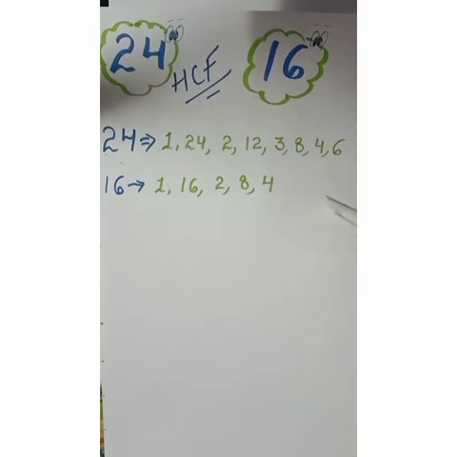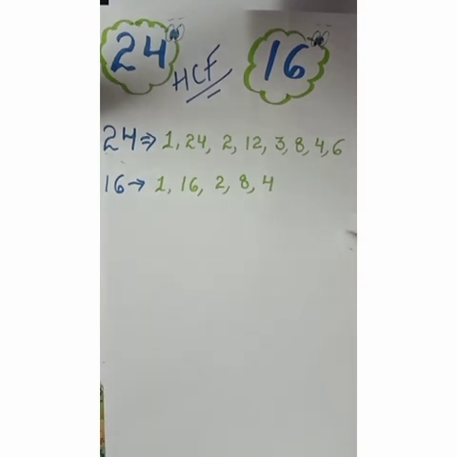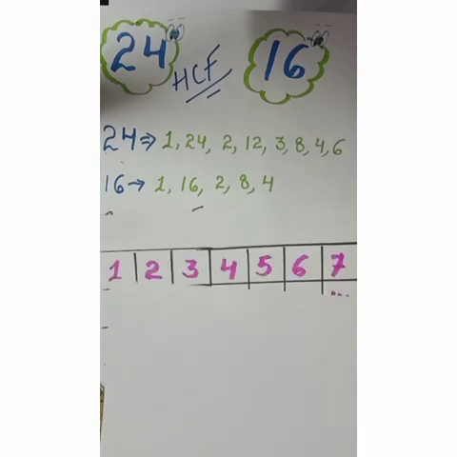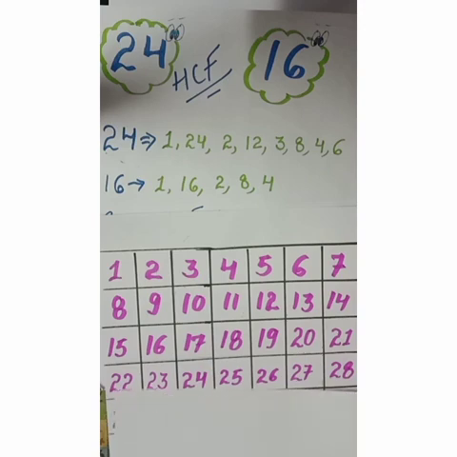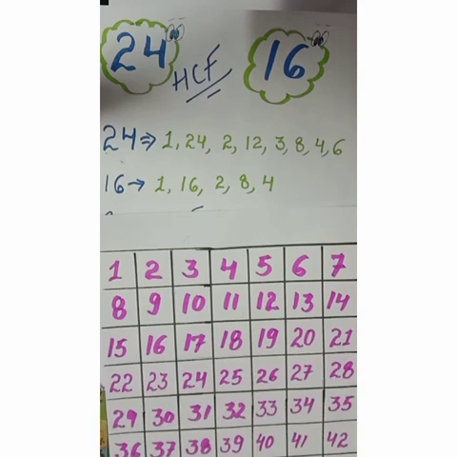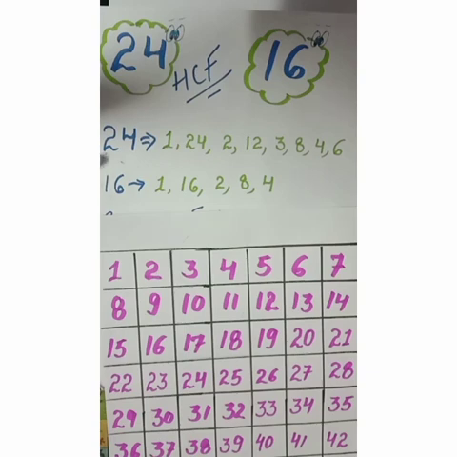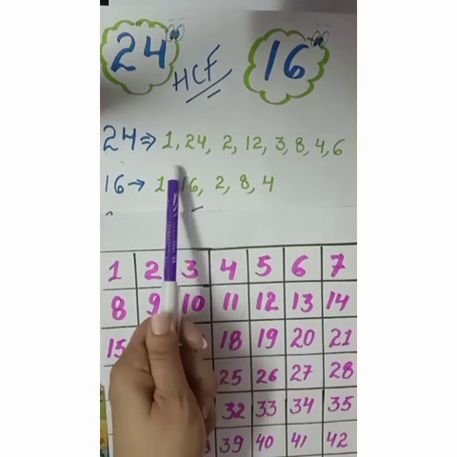Then they asked how to find out the common factors now. So for that they did one activity. They took a number grid, and on the number grid they marked the factors of each number. Firstly they marked the factors of 24. Factors of 24: 1, 24.